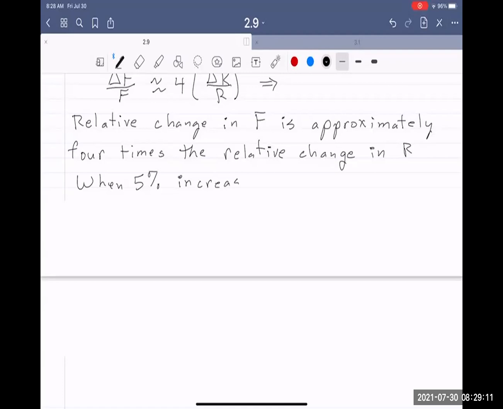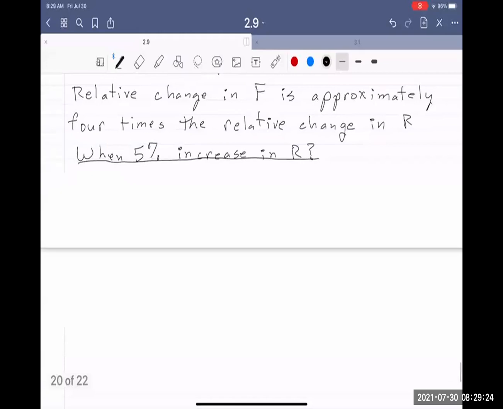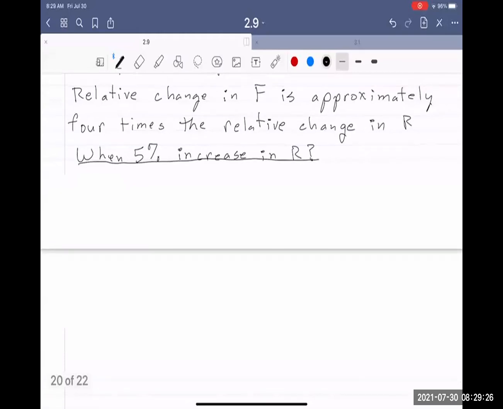Of course, that also means when you decrease the radius due to not eating correctly, bad exercise habits, the flow of your blood also decreases. The relative change in your flow decreases by 4 times the relative change in your radius.